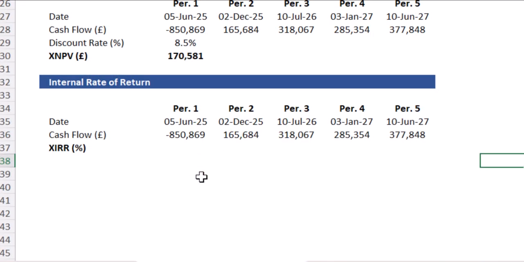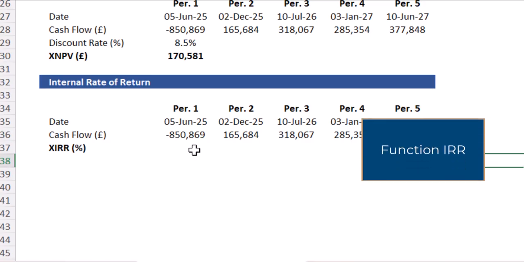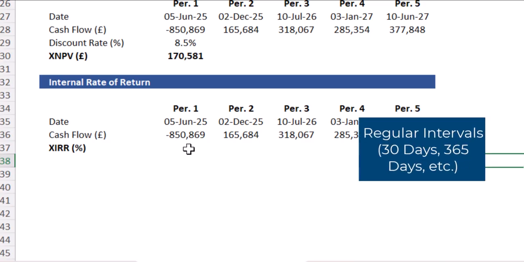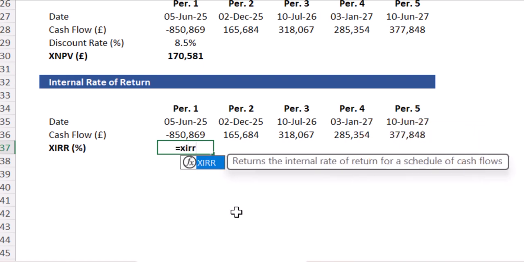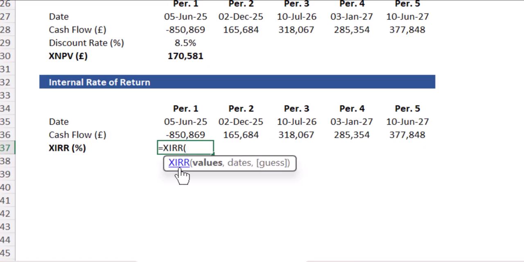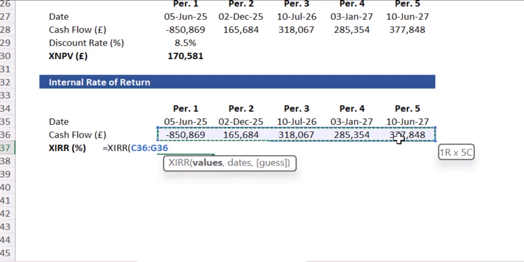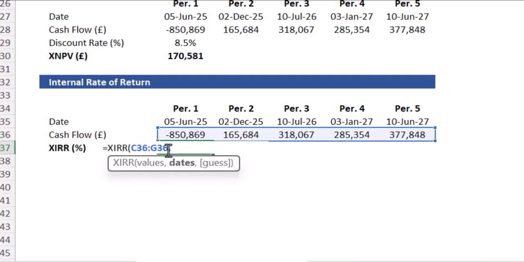And just like the NPV, there are two functions in Excel to make this assessment: IRR for regular intervals and XIRR, which assumes actual dates when the stream of cash flows take place. The arguments of the XIRR function are values, which is the stream of cash flows of an investment you might take, the dates when you expect the stream of cash flows to take place, and the argument guess, which is optional.